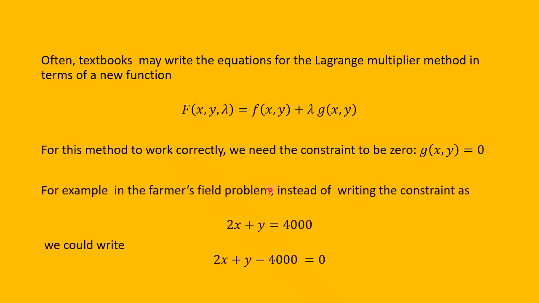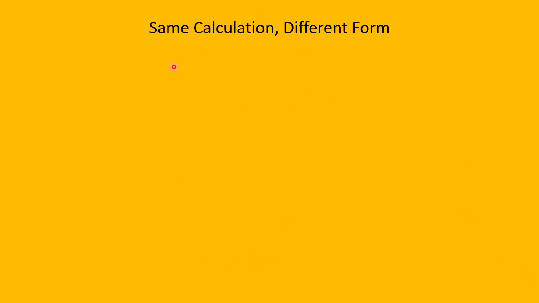So for this method to work correctly, we need the constraint that I just mentioned to be 0. For example, in the farmer's field problem, instead of writing the constraint as 2x plus y equals 4,000, we could write the constraint as 2x plus y minus 4,000 equals 0. So in this new formulation, our constraint function g of x y would be 2x plus y minus 4,000. So let's see what we can do.